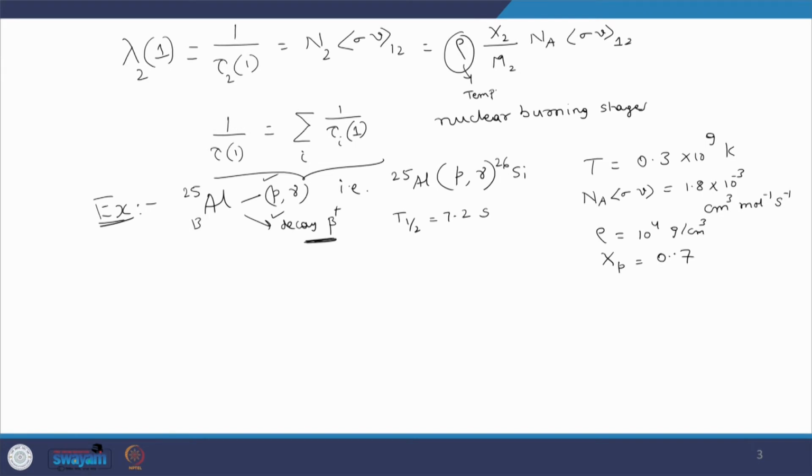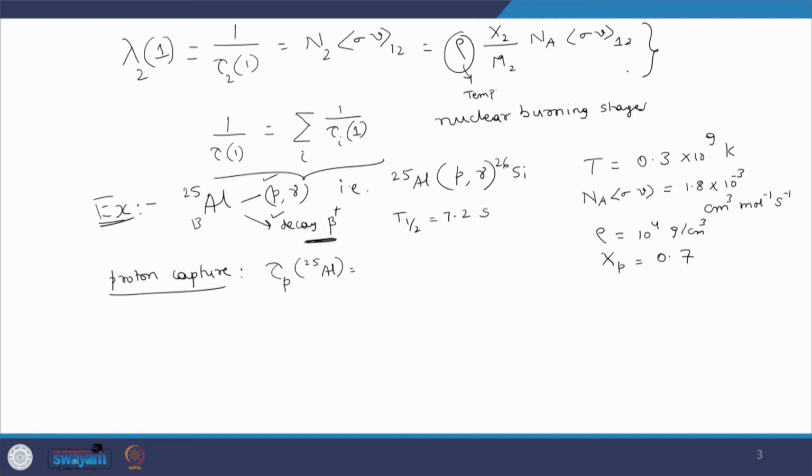Now, let me first consider the proton capture reaction. In the proton capture reaction, what is the lifetime? By reacting with a proton, the type 1 nucleus here is 25 aluminum, and the same formula you can use here.